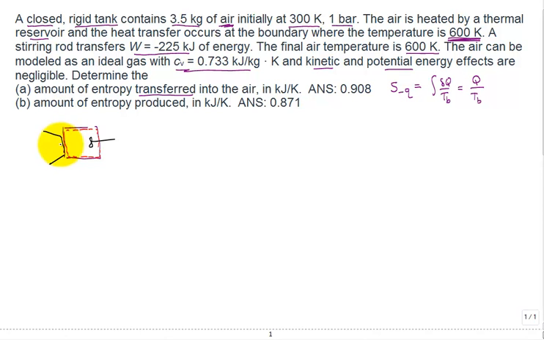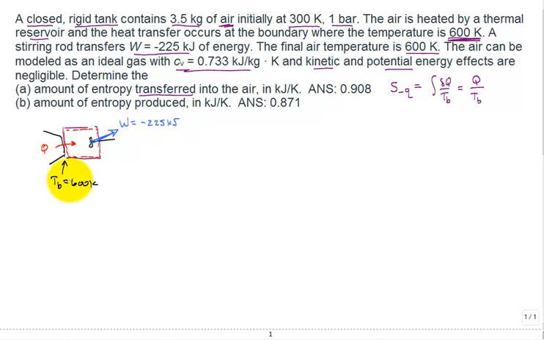The boundary temperature here, T_B, is 600 Kelvin, and we have a Q going in during the process, as well as, I'm going to show it like this, a positive work going out, but that positive work going out is negative 225 kilojoules.